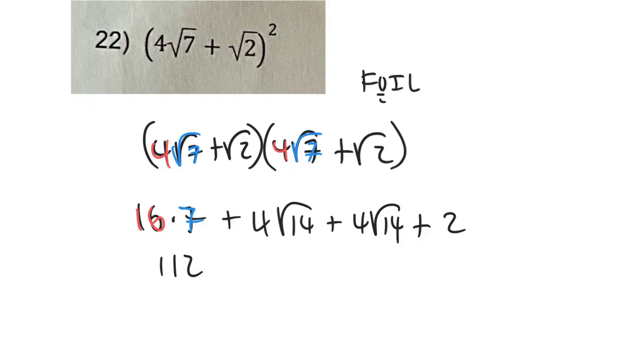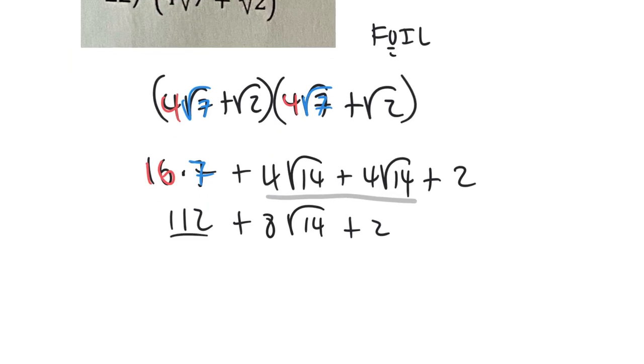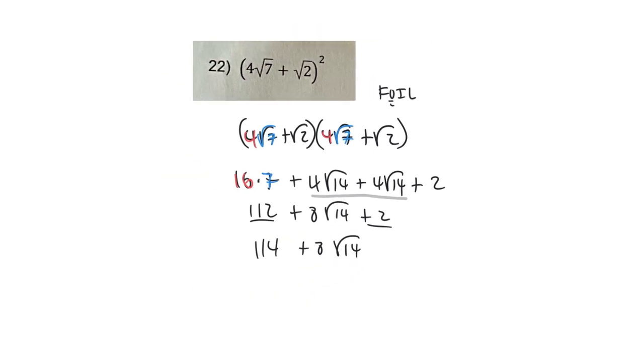It's the case that these would combine. That would become plus 8 radical 14. And then, of course, we have this plus 2. And then simplifying further, because those are like terms, we have 114 plus 8 radical 14. Hopefully that makes sense moving forward.